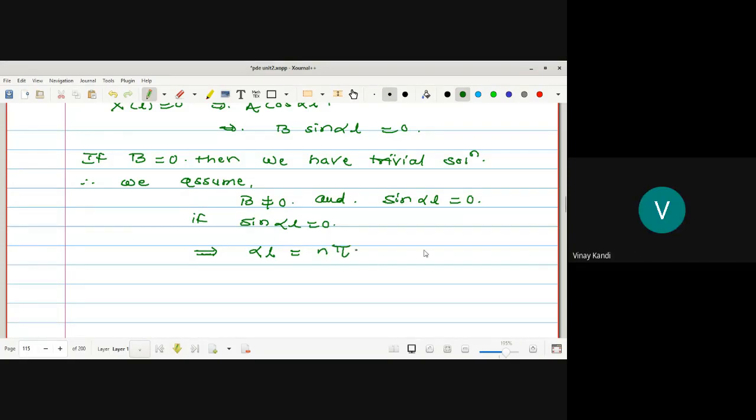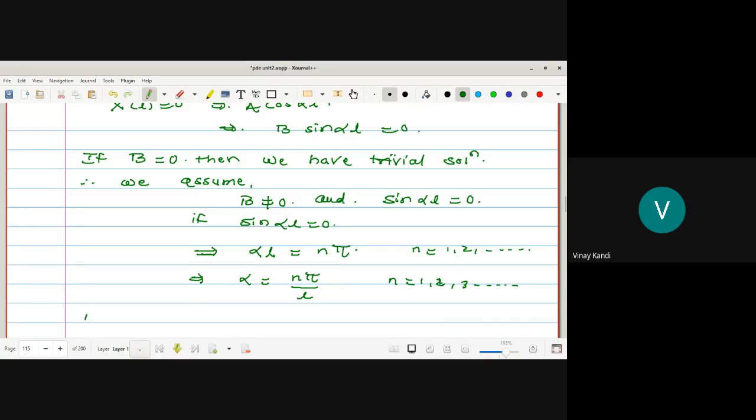N pi, where n running from 1 to natural numbers, up to so on. So the possible value of alpha is n pi upon l, where n running from 1, 2, 3 up to so on.